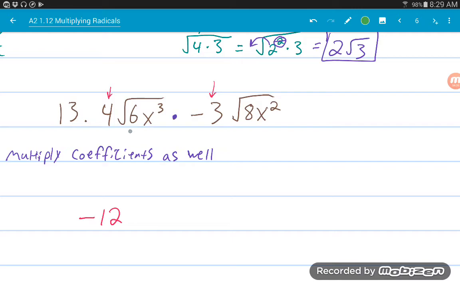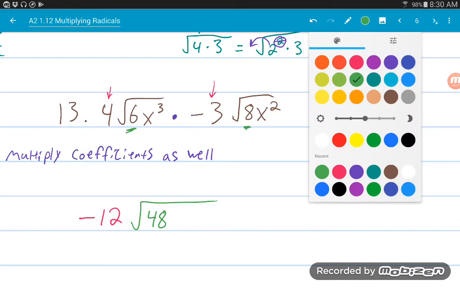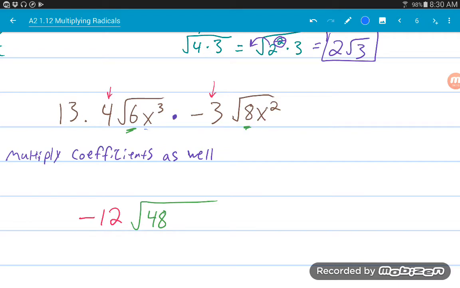I'm going to multiply the number times the number. 6 times 8 is 48. And I'm going to multiply the variable times the variable. X to the third times x squared is equal to x to the 5th.